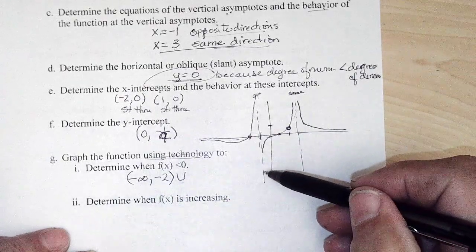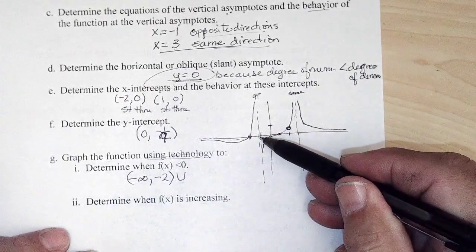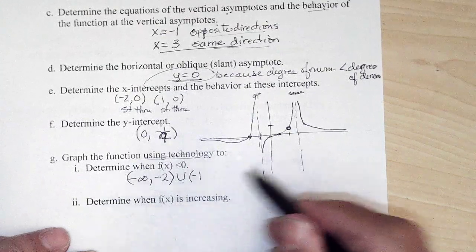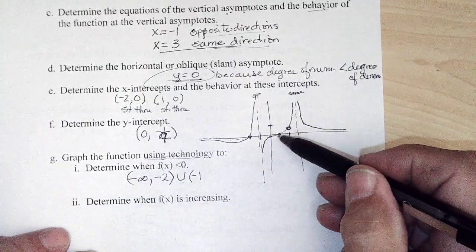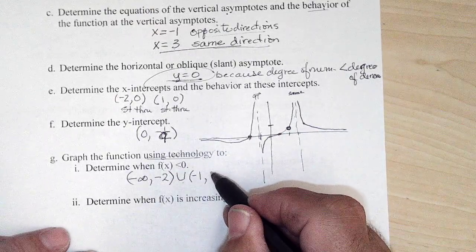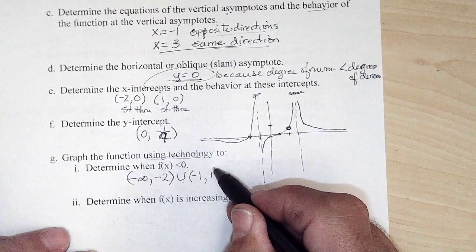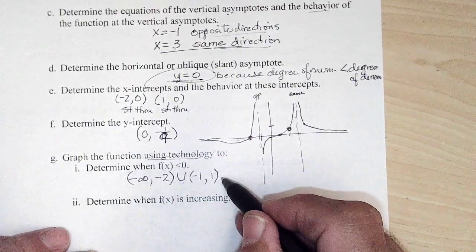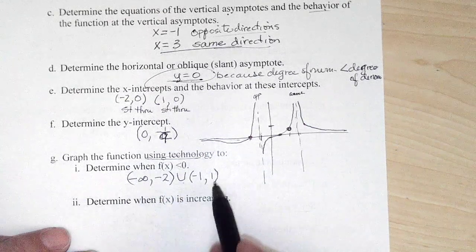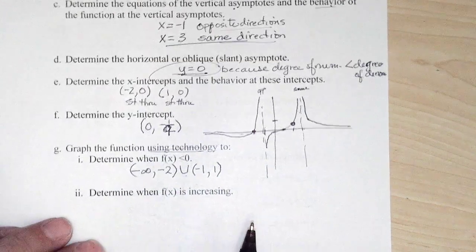Union, it's also negative from negative 1. Can't be at negative 1 because that's an asymptote. Up to there where it crosses, which is at 1. And at 1, it's equal to 0, and we don't want equal. So that would be it, and the rest of it's all greater than 0. So that would be when it's less than 0.